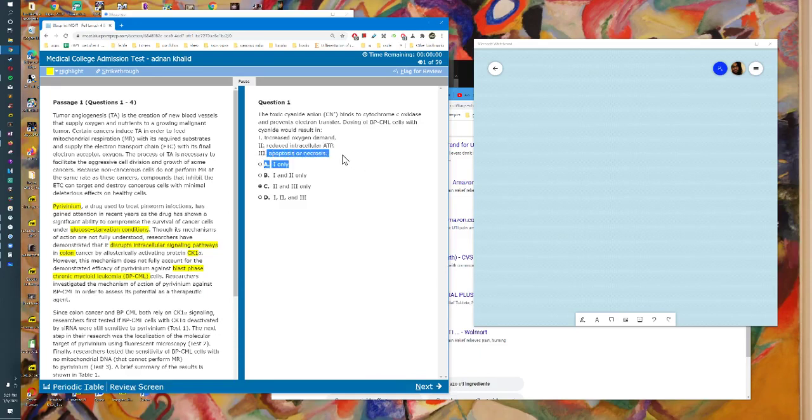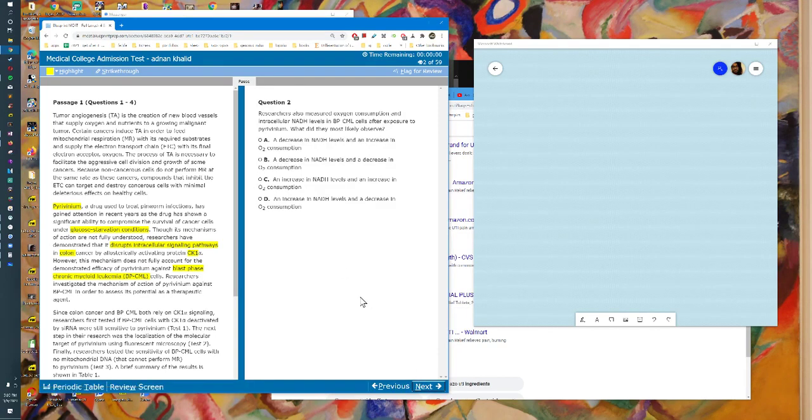You're going to get most likely death of the cell because it's not going to be able to produce any energy. However, increased oxygen demand, that's at the end of the ETC, but there's no problem with there being enough oxygen. The problem is that cytochrome C oxidase isn't passing electrons on to the oxygen. So this will be Roman numerals 2 and 3.